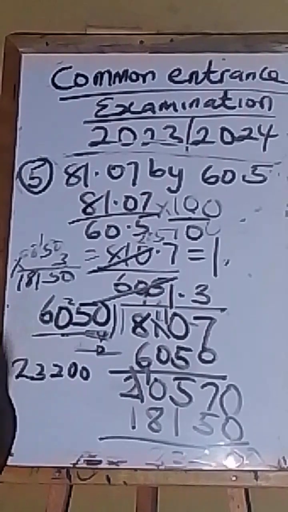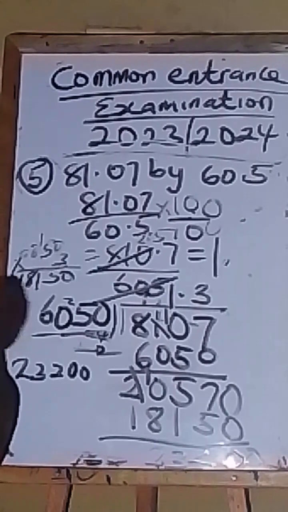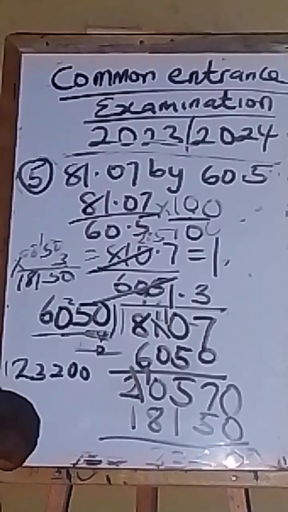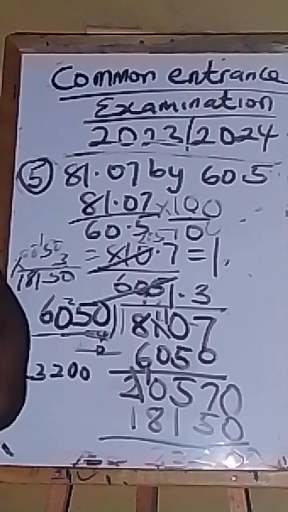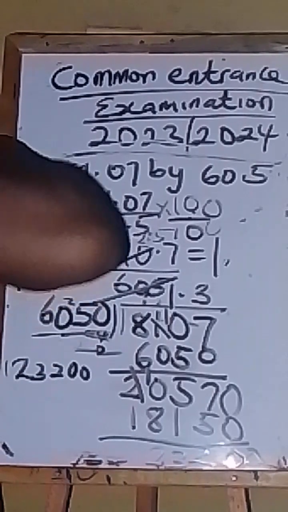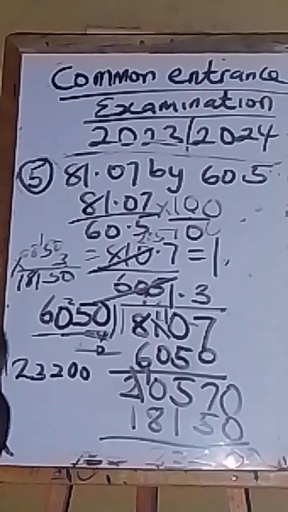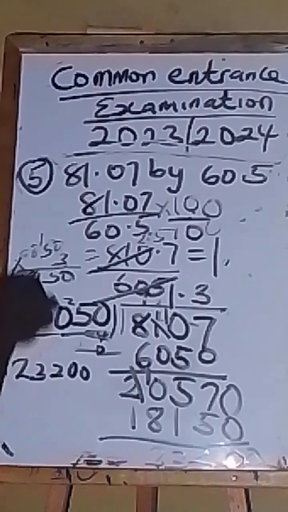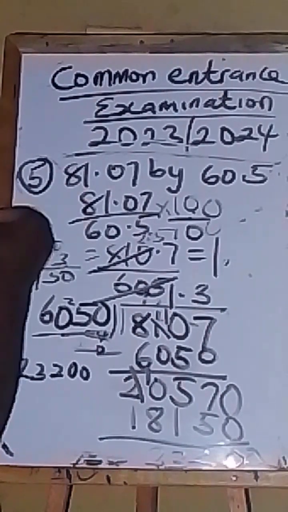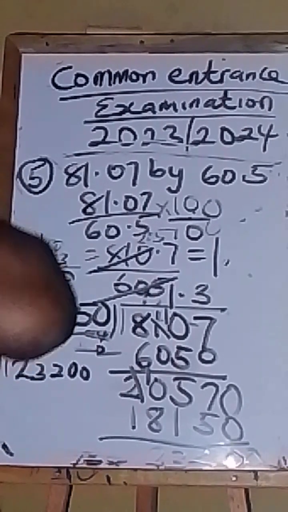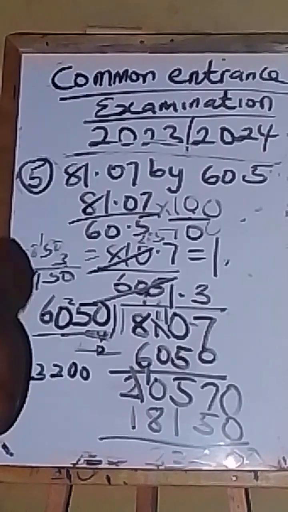Keep 2. 4 times 0, that is the 0. Plus the 2. That will give us 24. So 4 will not be the right number to use.